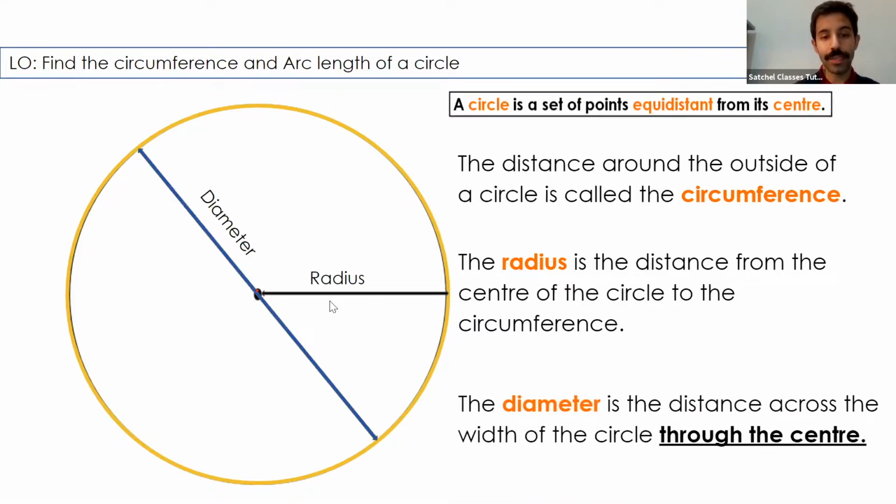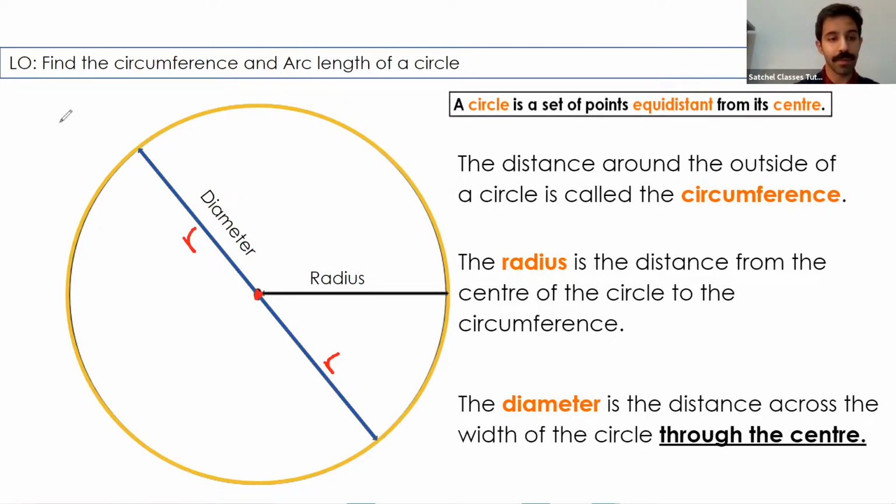Now, there is also a relationship between the radius and the diameter. If we look closely, from the center to the circumference, we have one radius. So from here to the circumference, we have one radius. And again, from the center to the circumference, we have another radius.